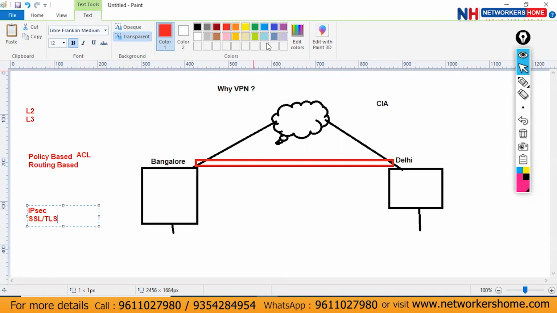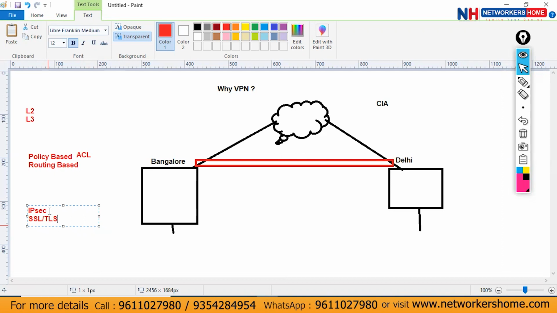These are the protocols. So based on protocols, we have two types of VPNs, IPsec VPNs or SSL or TLS. Under IPsec what comes, that's a different thing. Under TLS what comes, that's a different thing. In which VPN I use IPsec or where I use TLS, that's a different thing.